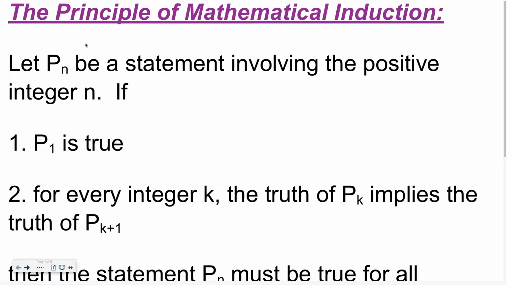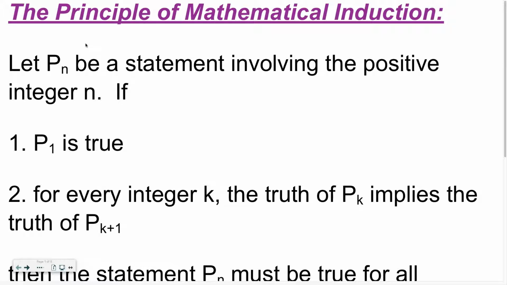So I just want to remind you what we did yesterday at the very end of class. First of all, we were talking about our proof strategy, where you're going to get a statement in terms of n. You have to, number one, show it's true for 1. Then assume it's true for k.